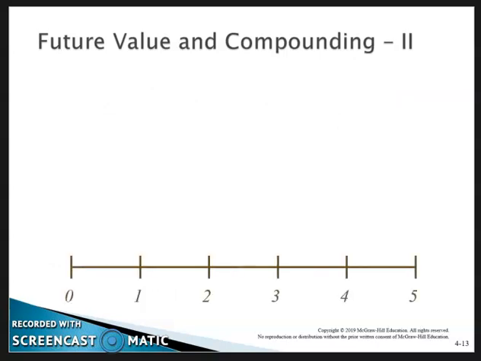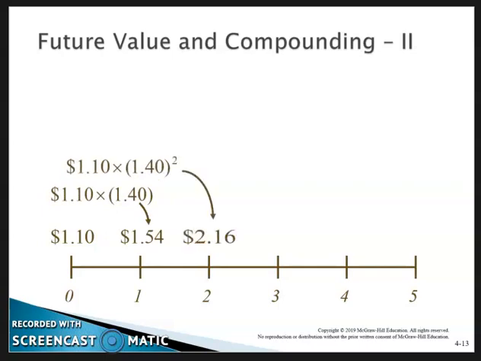So we look at our example. We start out at $1.10. It grows at 40%, so the next year's dividend is $1.54. The following year it grows from $1.54 to $2.16.